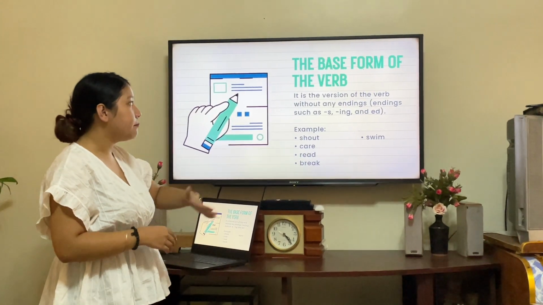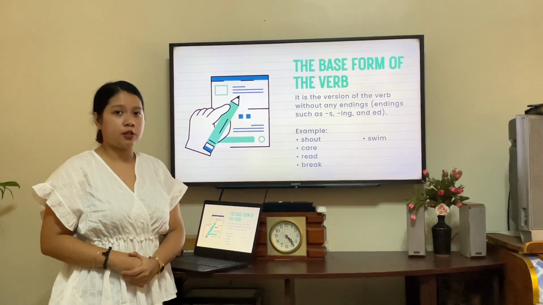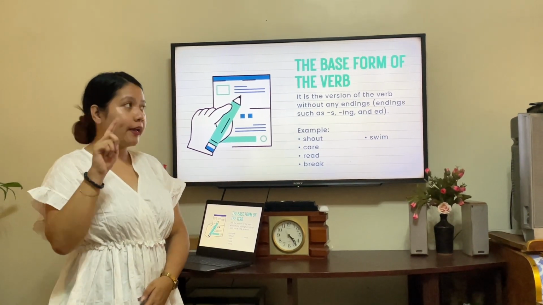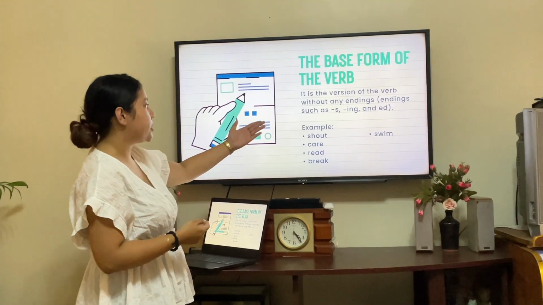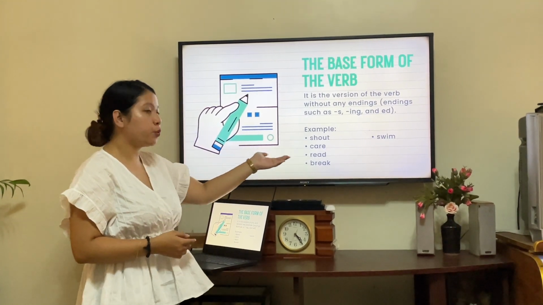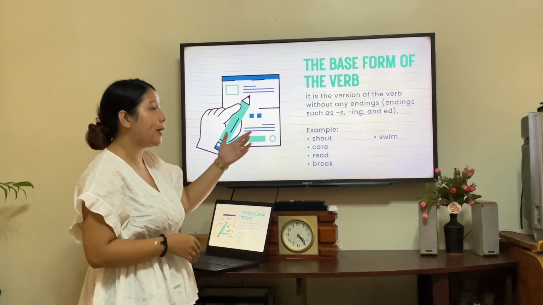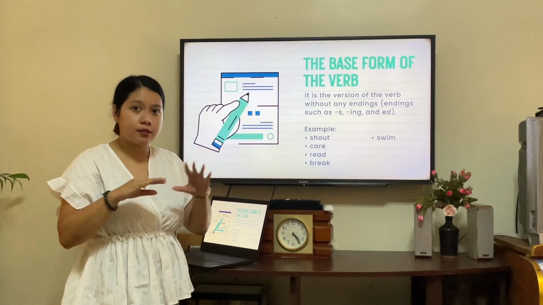So base form is a version of the verb without any endings such as S, ing, and ed. For example, shout, care, read, break, swim. So these are all base forms or root words of a verb.